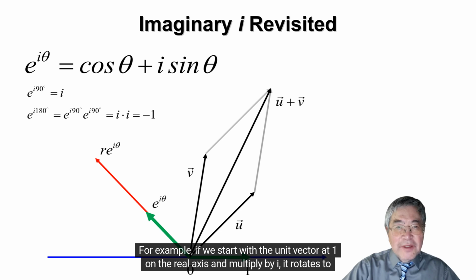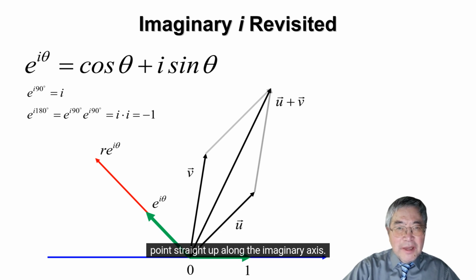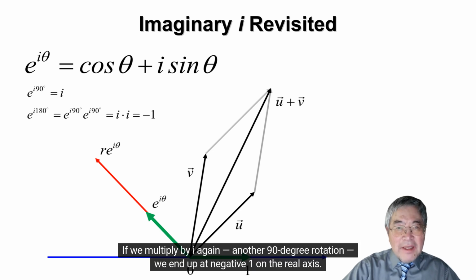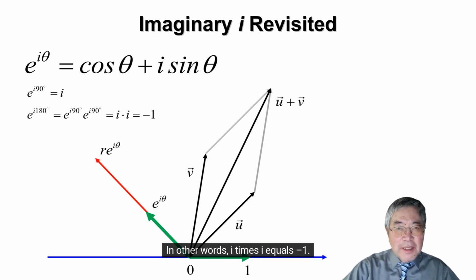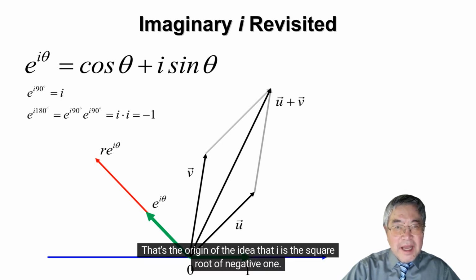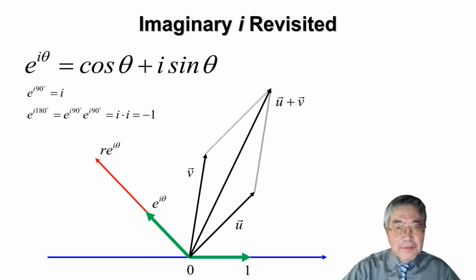For example, if we start with the unit vector at 1 on the real axis and multiply by i, it rotates to point straight up along the imaginary axis. If we multiply by i again, another 90-degree rotation, we end up at -1 on the real axis. In other words, i times i equals -1. That's the origin of the idea that i is the square root of -1.